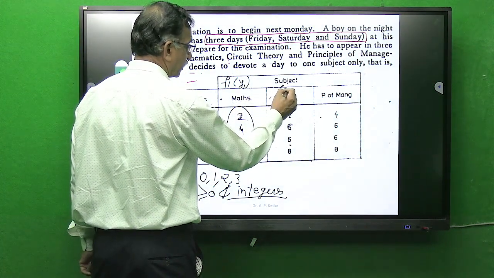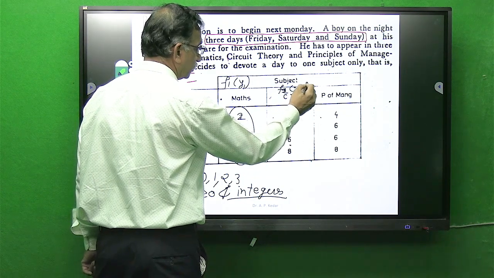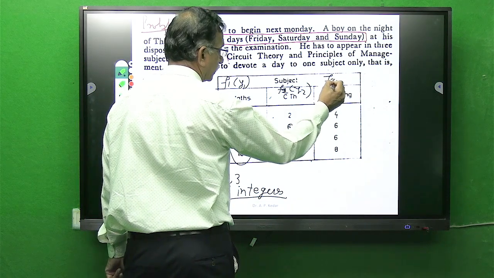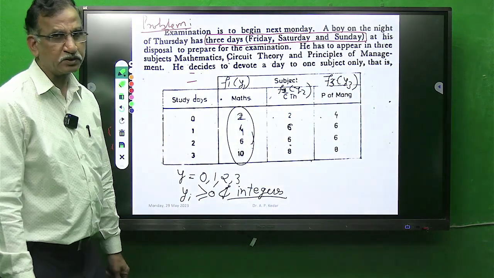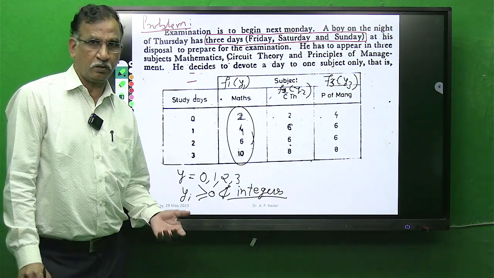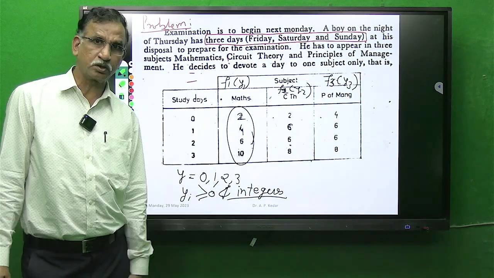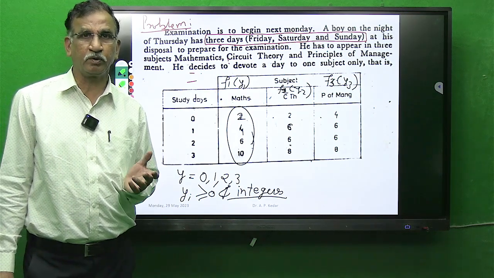This will be for f2 of y2, the second subject, and this will be f3 of y3. So students, as a student, his result will be the output of all the 3 subjects. So ultimately the maximum grade point will be achieved.